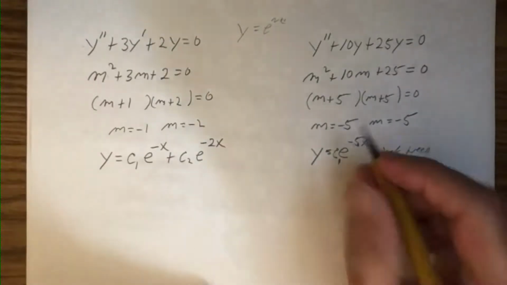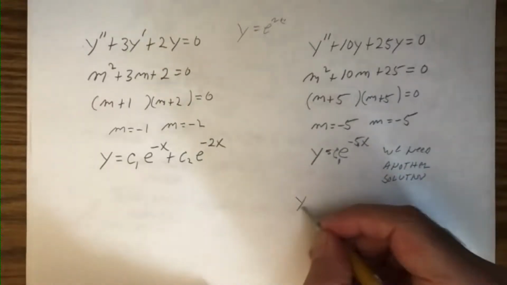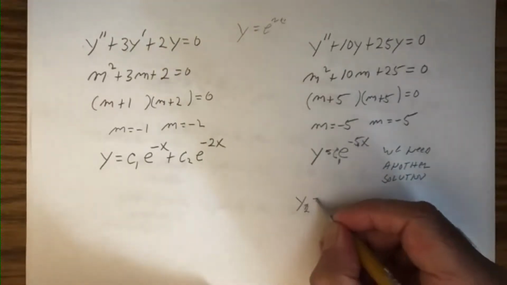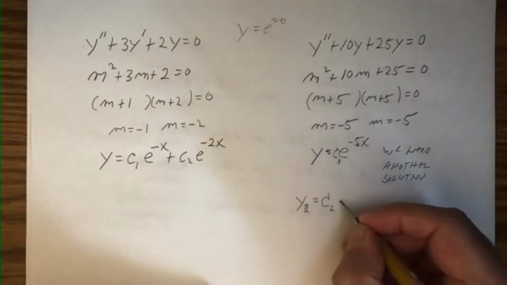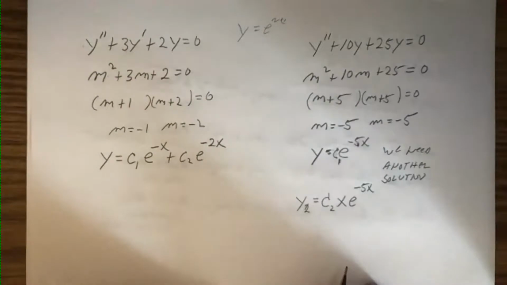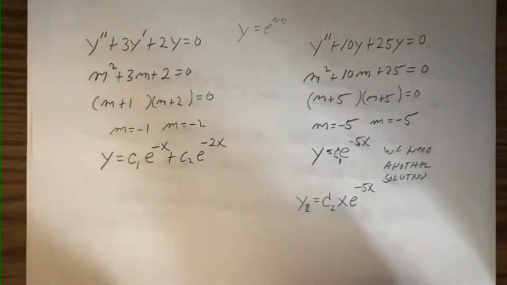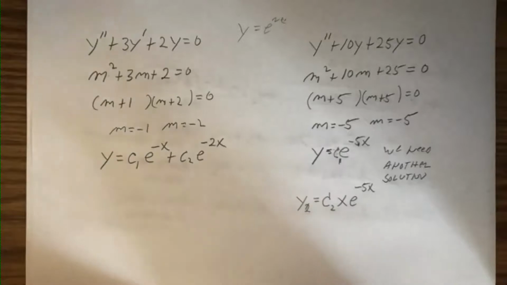The second solution is just going to be c2 x e to the minus 5x. That's the rule. I think it's easy if I tell you what it is right up front, but I'm going to show you that that does work.